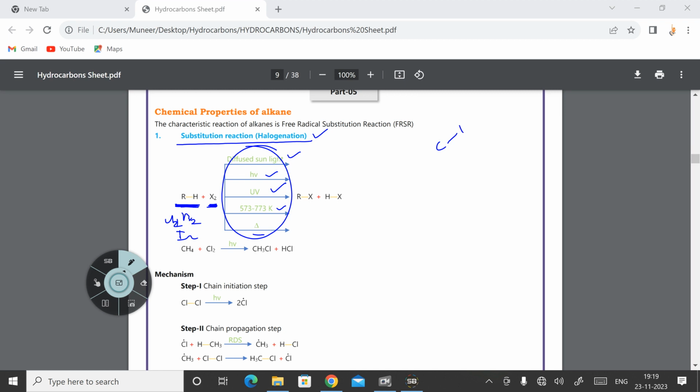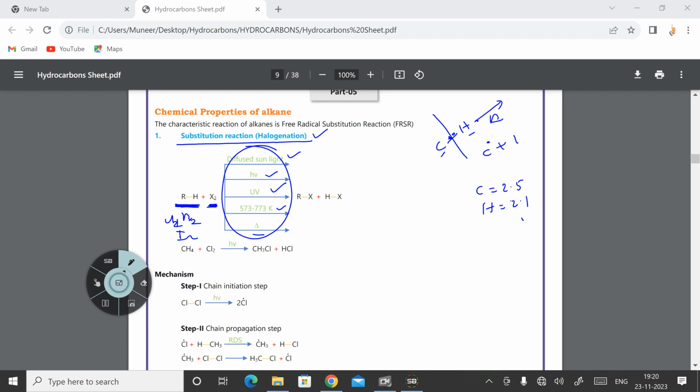Non-polar compounds. Here it is a non-polar bond, no polarity. So here carbon's electronegativity is almost equal to the electronegativity of hydrogen. Carbon electronegativity how much? 2.5. Hydrogen electronegativity how much? 2.1. Almost the same. So the electron pair is present at the center of the two atoms. So when it is heated, what happens? Exactly at the center of the bond, the bond breaks down.